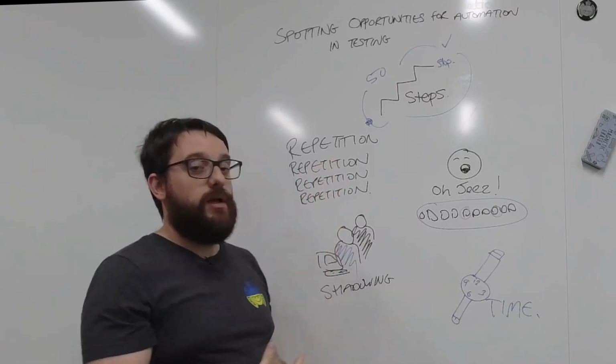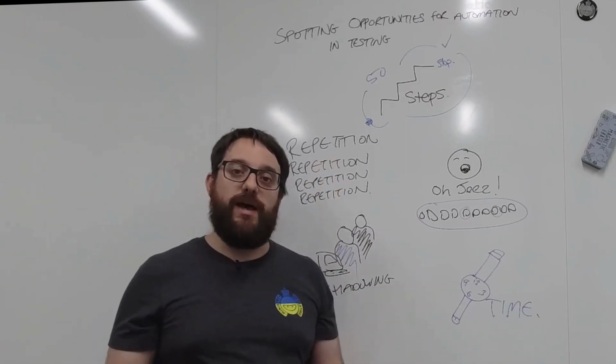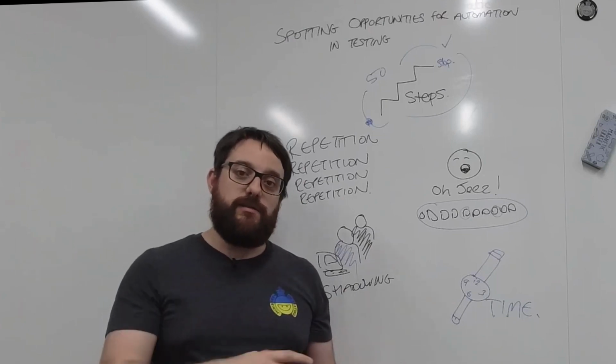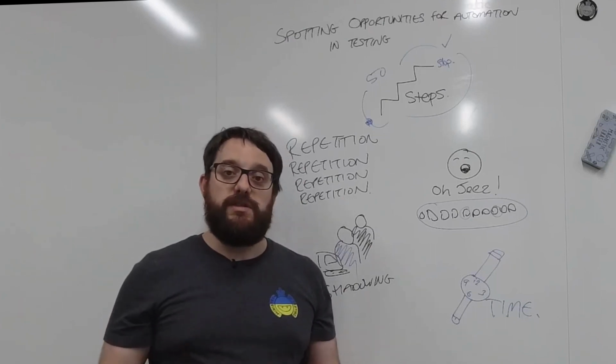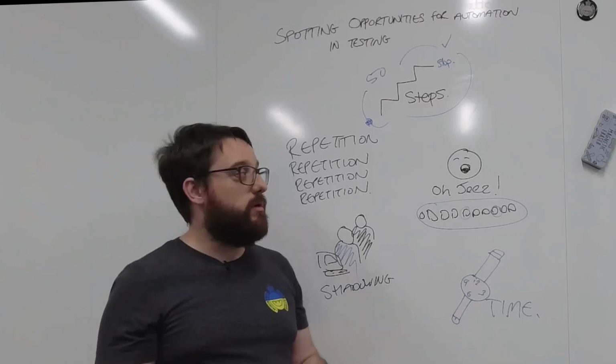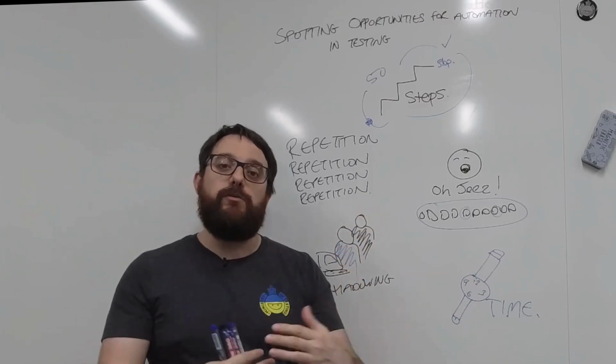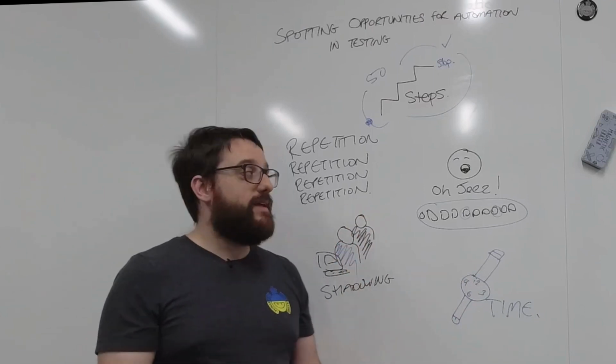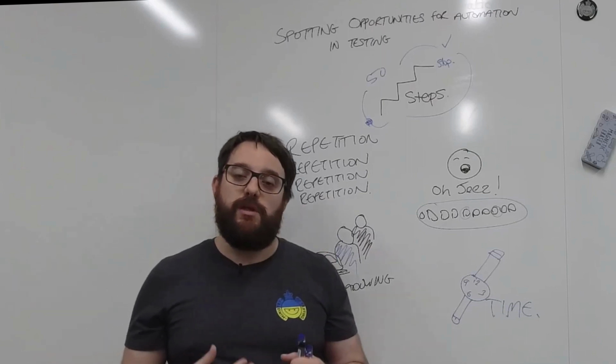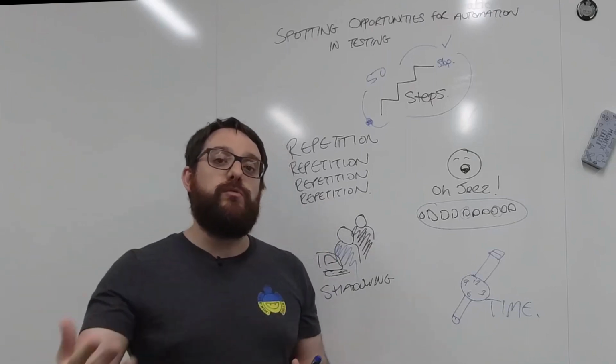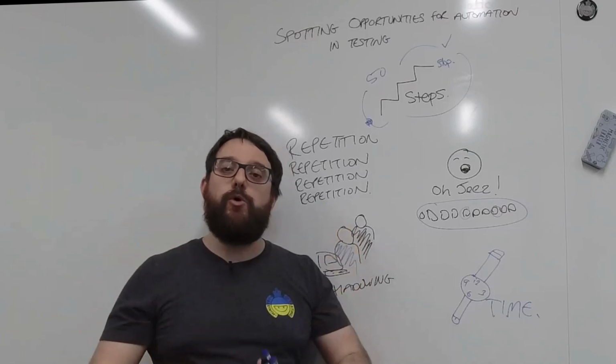So therefore, I took existing automation that we had, I wrote a simple test, wrapped it in a loop, ran it 50 times, boom, 50 browsers open, ready for me to go about doing my exploratory testing. So that's kind of the idea behind these steps. We don't always have to automate the whole thing, the whole test case or the whole test idea.